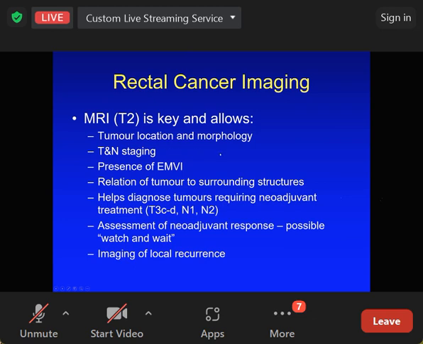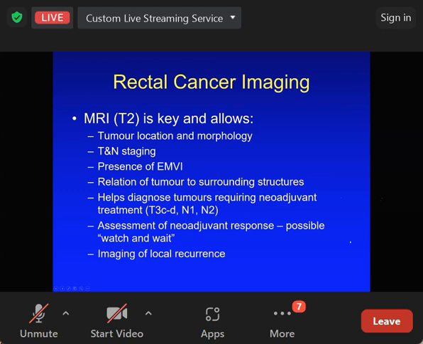You would need to do a CT scan as well to do the M staging. It will show extramural vascular invasion and the relation of the tumor to surrounding structures, because it's good soft tissue discrimination. And it's pretty good for distinguishing the T3C, T3D, and the N1 and N2 tumors.